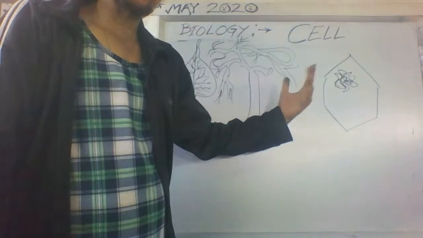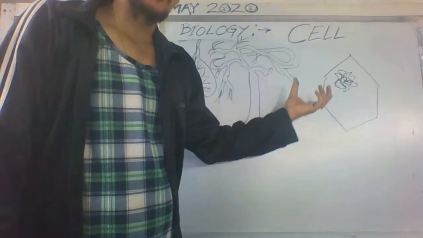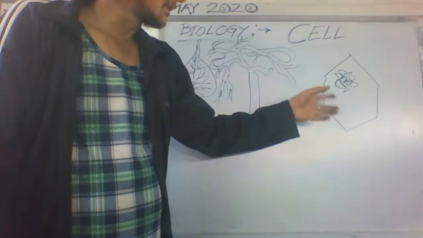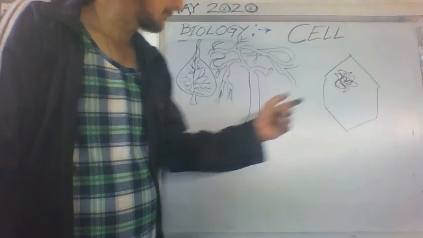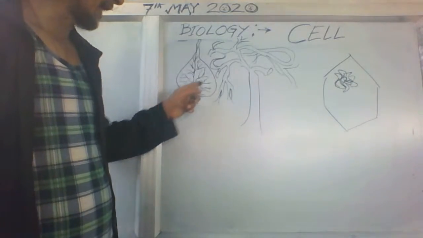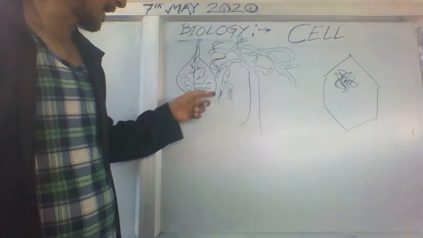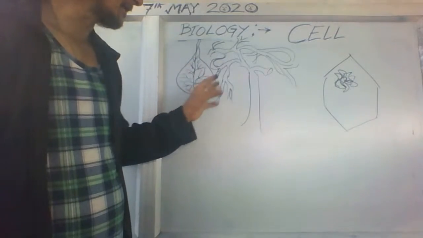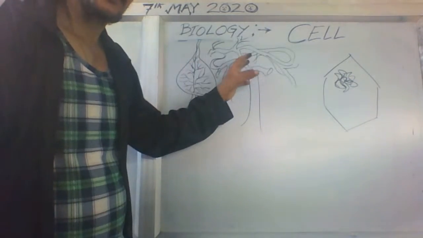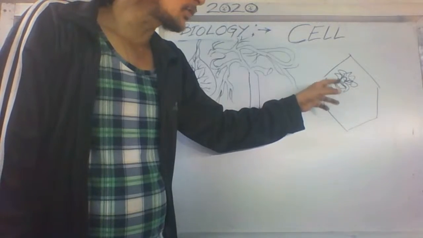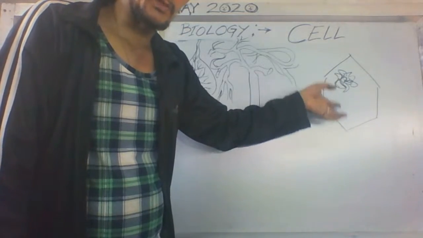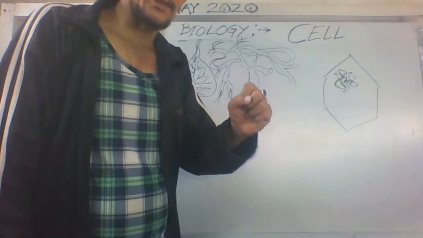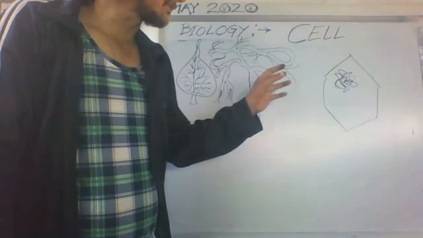Endo means inside, plasmic means plasma, and this is a venation-like reticulum. This is called the endoplasmic reticulum. The peepal leaf venation and the venation of the tree is the biological term we use. So inside the cell, this structure is the endoplasmic reticulum.